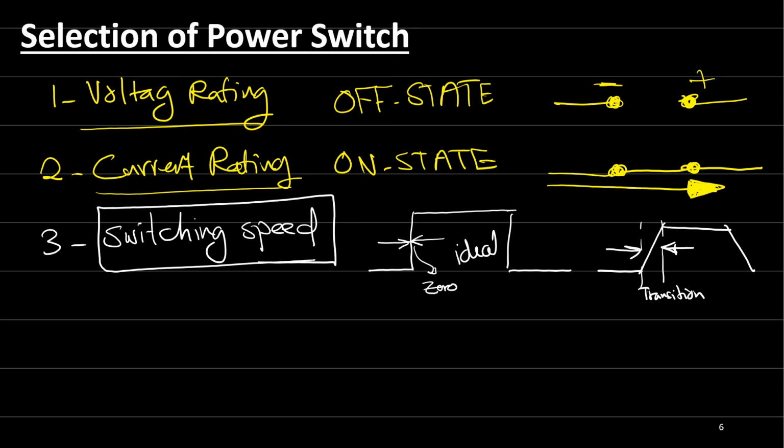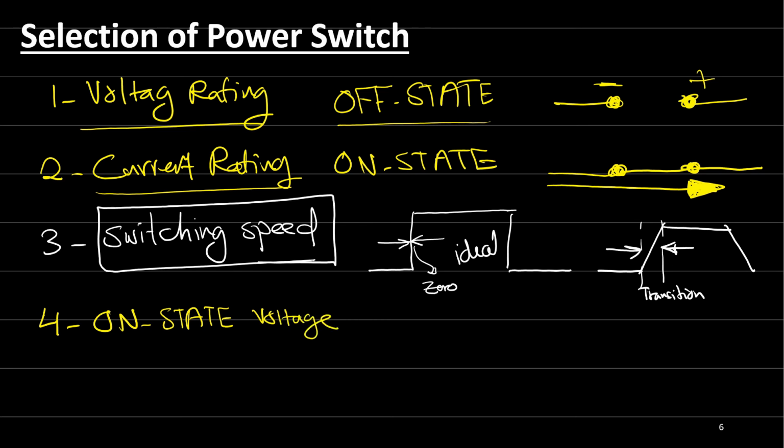The last characteristic here we have is the on-state voltage. Here we talk about the off-state voltage. Here we have on-state voltage.